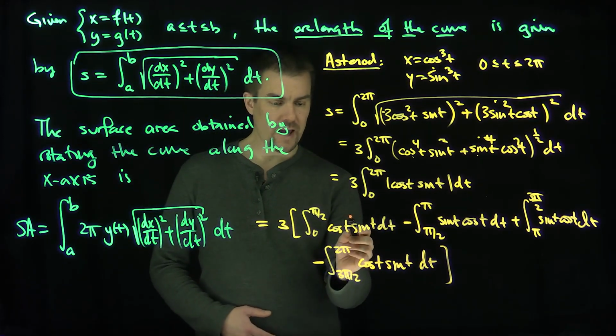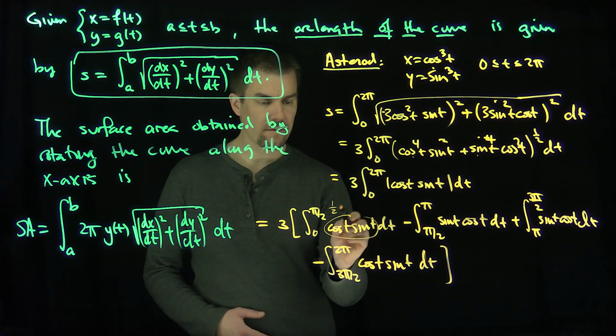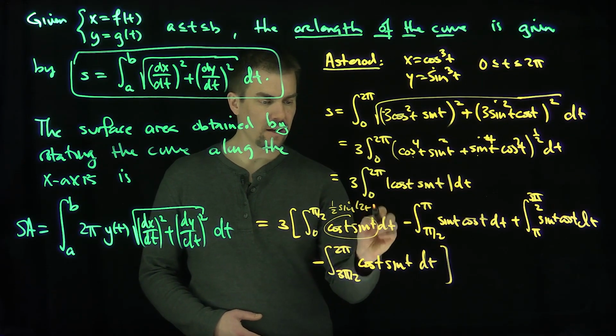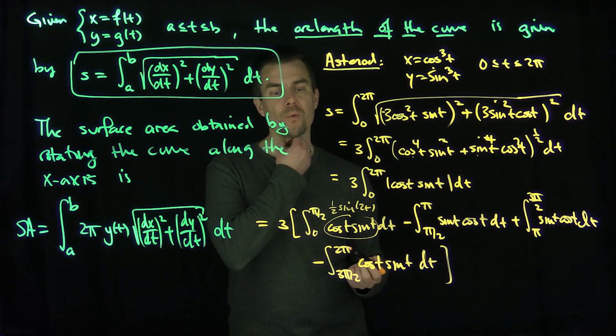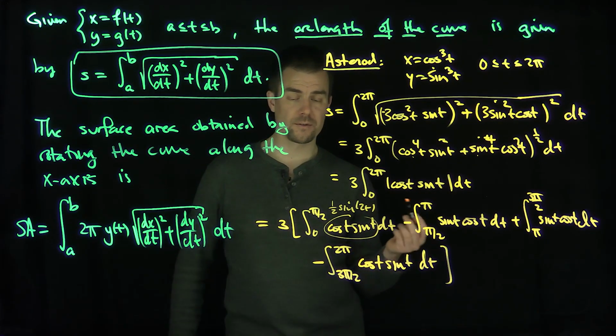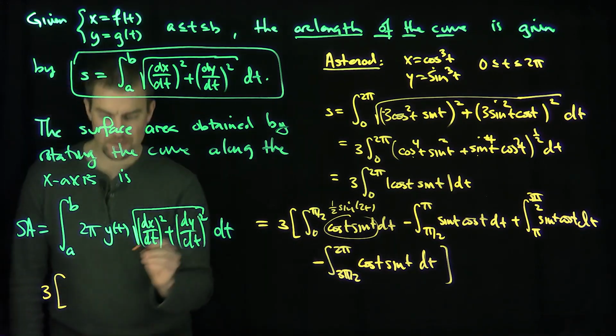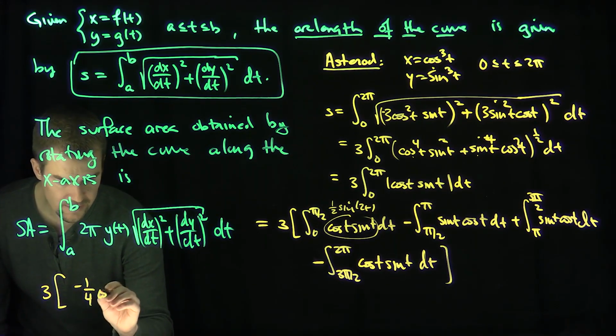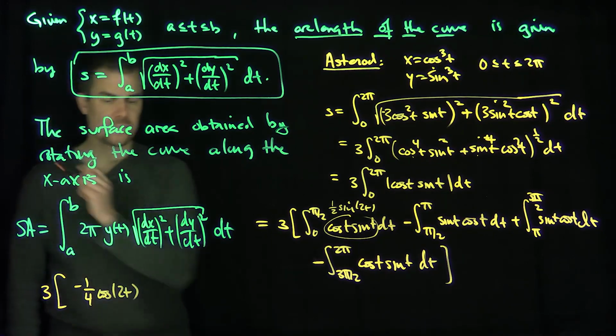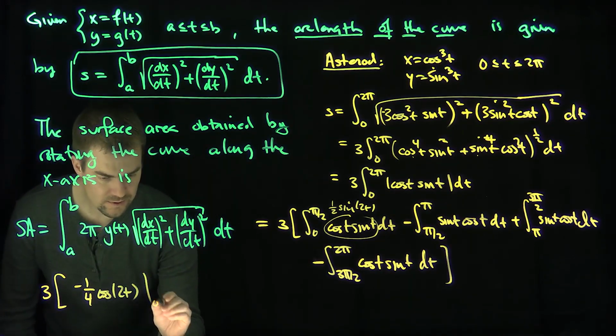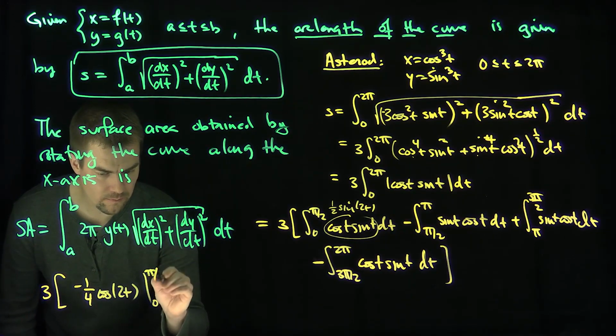Now, of course, each of these terms is really 1/2 the sine of 2t. So an antiderivative of these is going to be negative 1/4 cosine of 2t. So we're going to have 3, and then a negative 1/4 cosine of 2t from 0 to pi over 2.